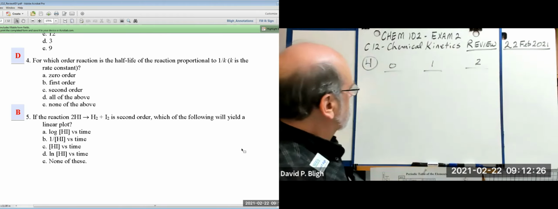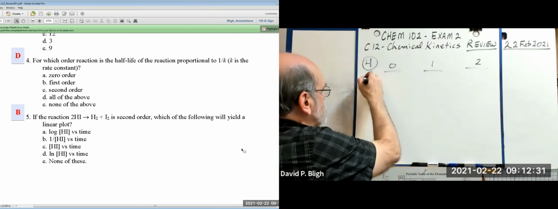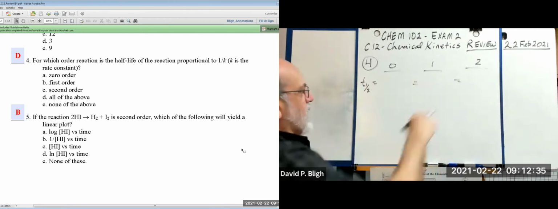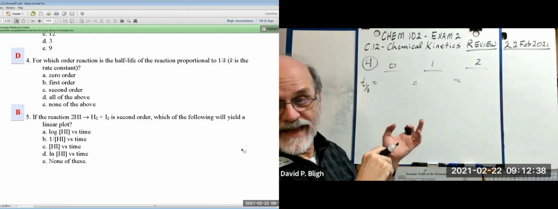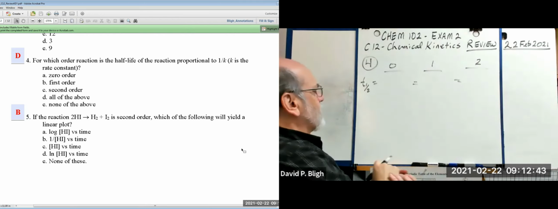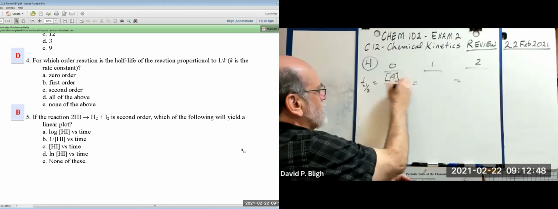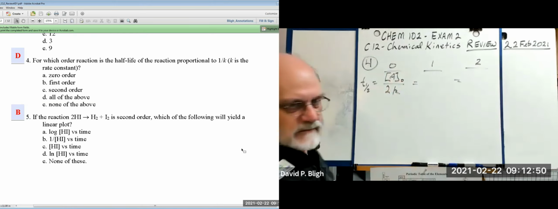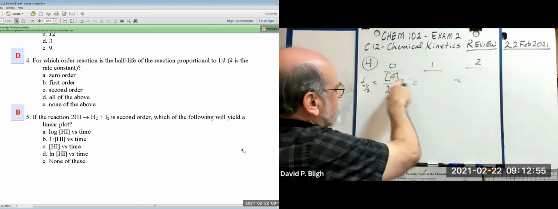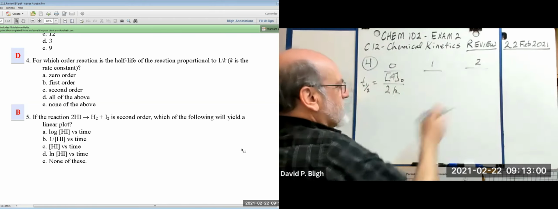Well, for 0 order, the half-life is, let's see, T 1/2 equals... So what's the formula for that one? Right? It's in your useful information. I'm gonna see if I can remember it. Initial concentration divided by 2K. I think that's right. That's not to say that these are equal. I shouldn't do that. Just say T1/2 is this one, or this one.